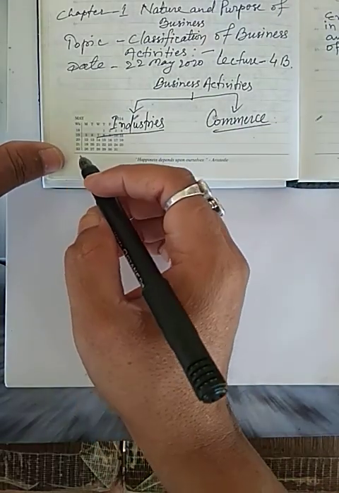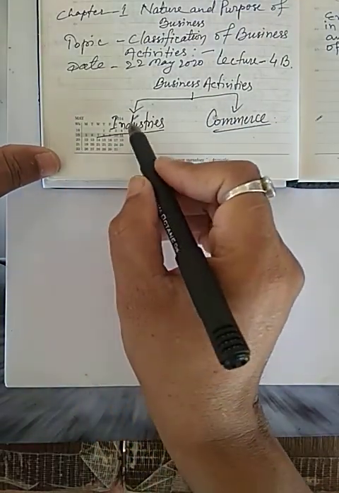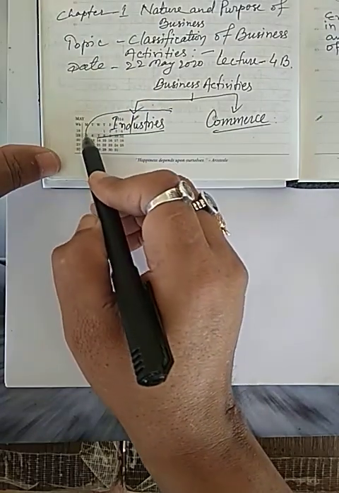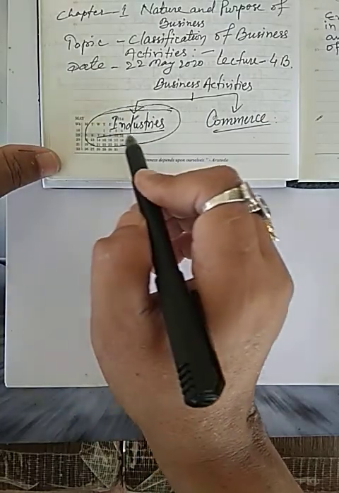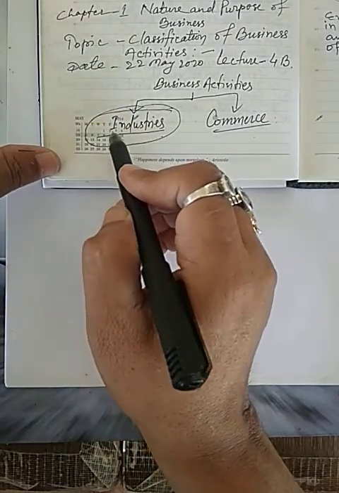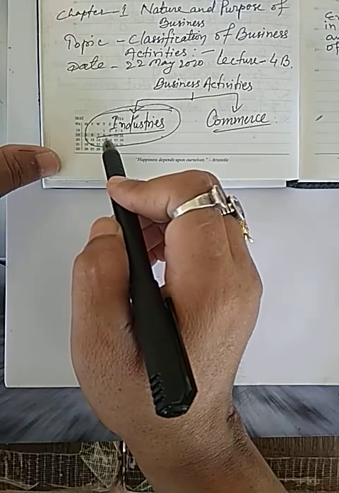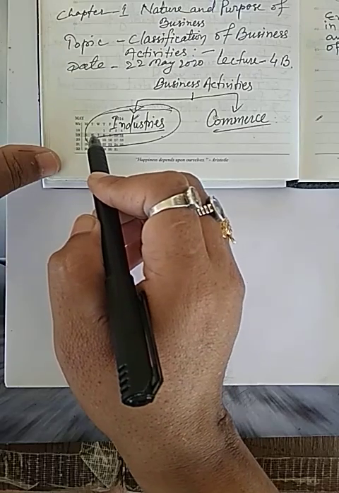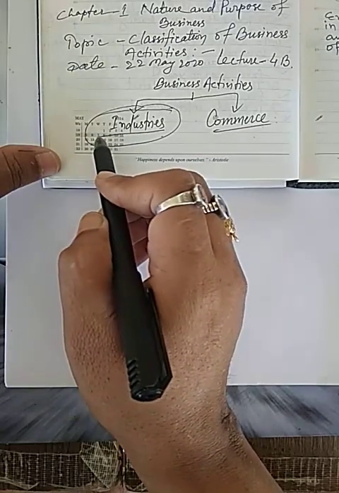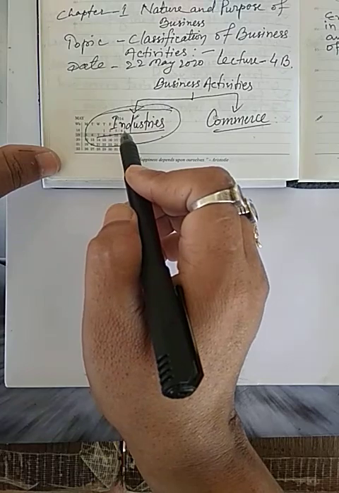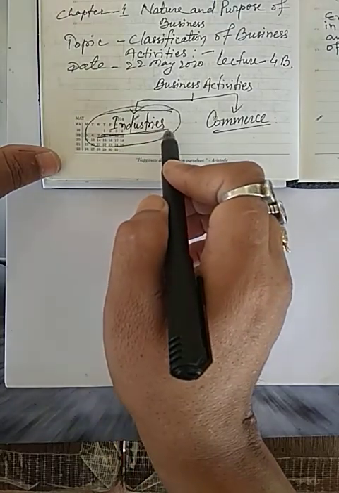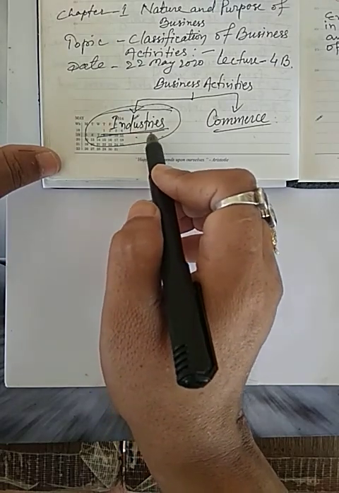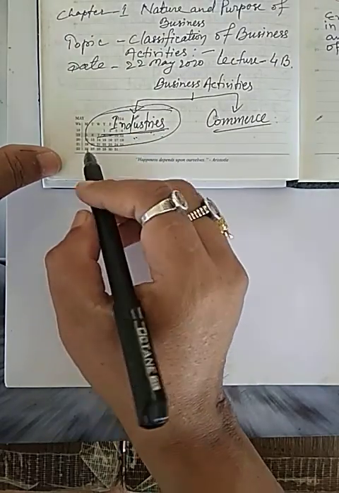Now we have to know about the first, industry. What is industry? Types of industry and subtypes of industry. Basically, industry refers to an activity which converts raw material into a useful product.